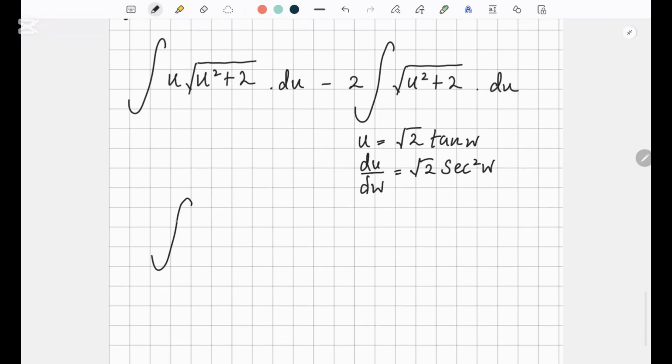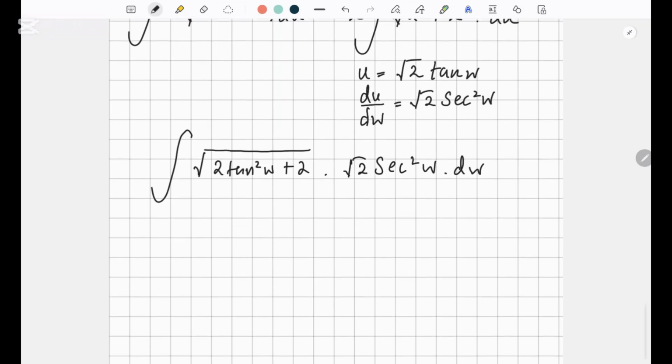So if I take the integration here, it's root, instead of u squared, I'm going to write 2 tan squared w plus 2, right? And instead of du, I can write root 2 sec squared w dot dw.